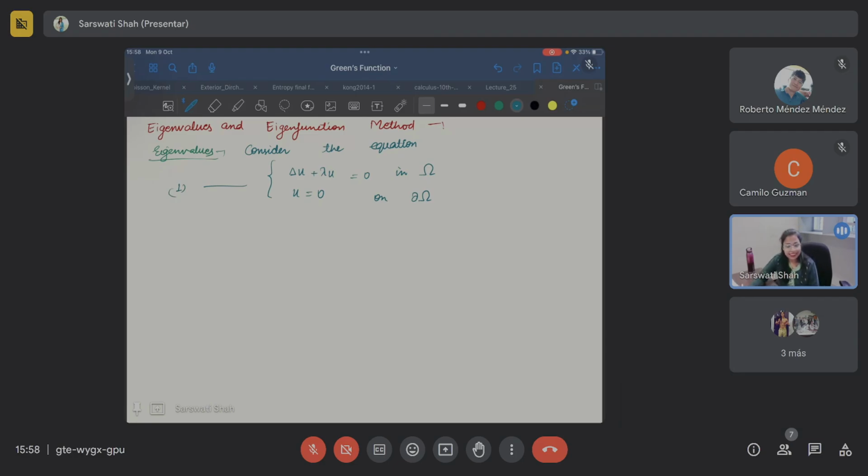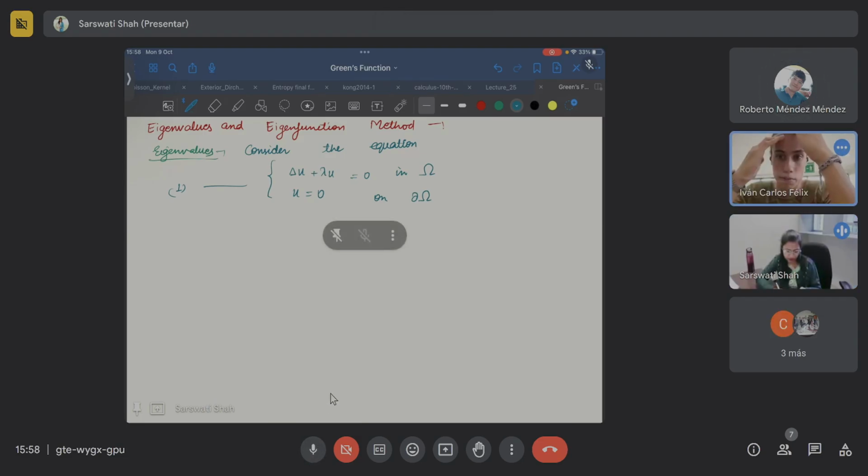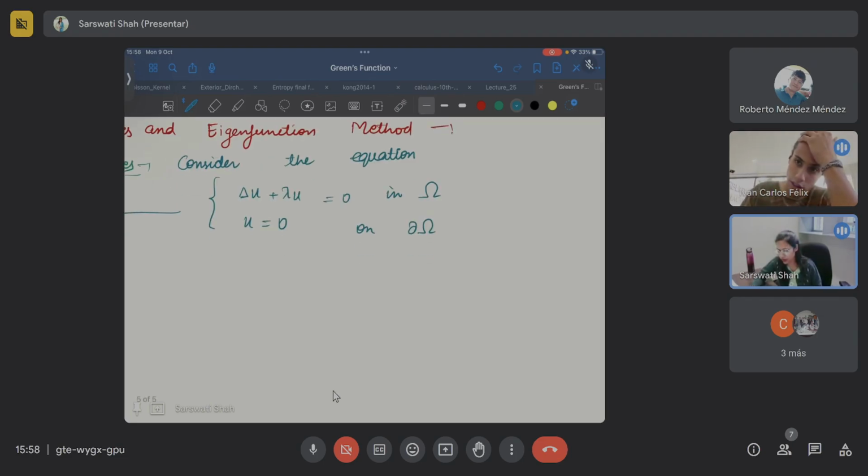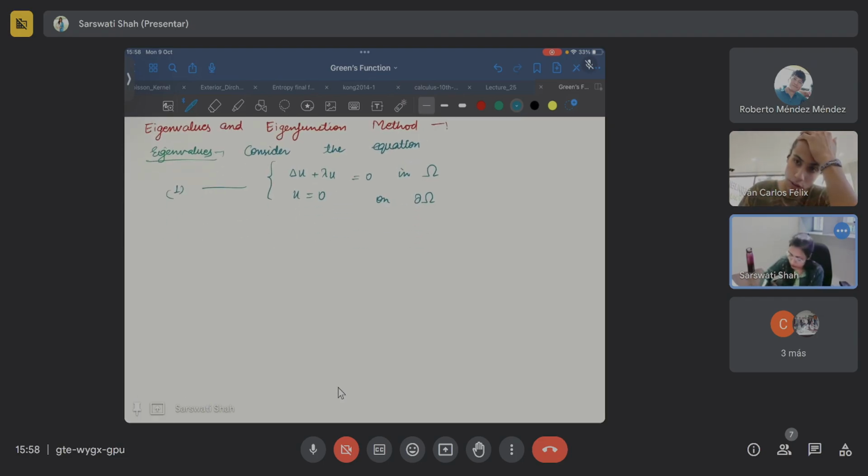If this is the given problem, can anyone tell me the trivial solution of this equation? What will be the trivial solution of this equation? A constant, right? 0. Because if you take a constant, it is not going to satisfy the boundary conditions.